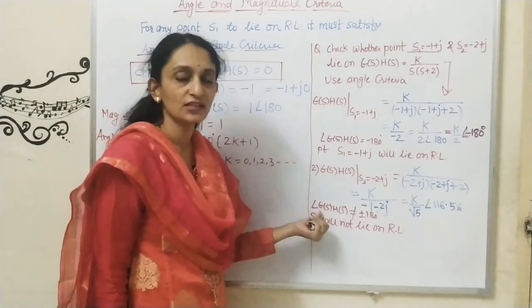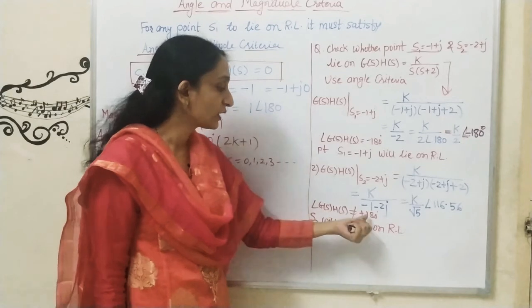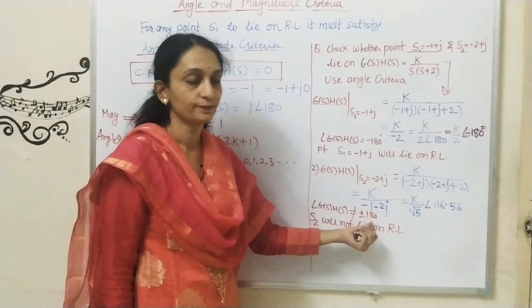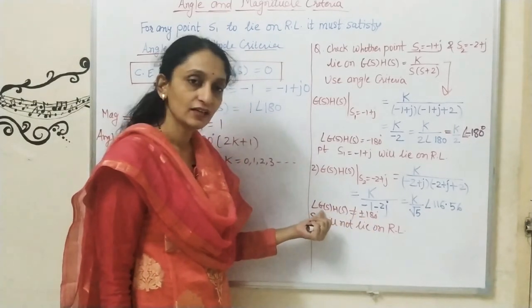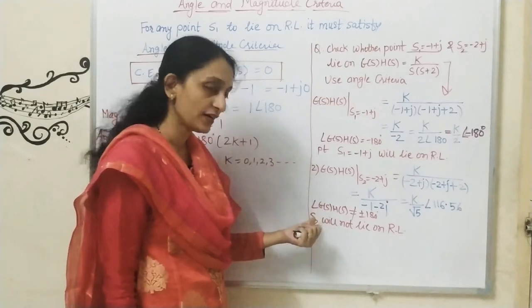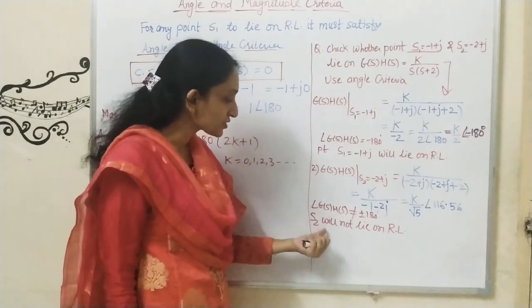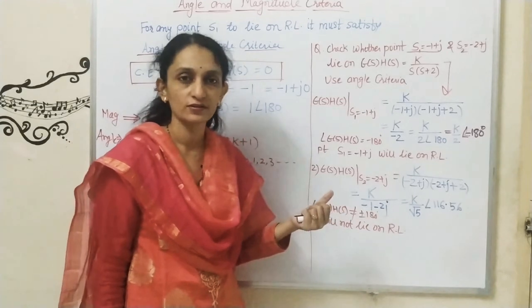Angle of G(s)H(s) is not equal to 180 degrees. As the angle criteria is not satisfied, the conclusion is that S2 will not lie on the root locus.